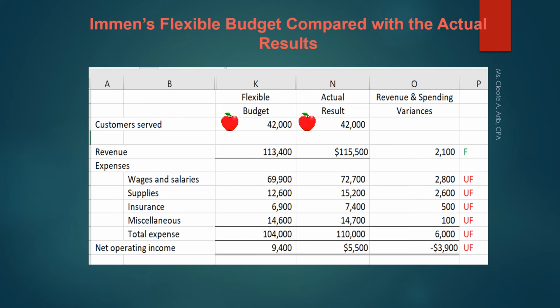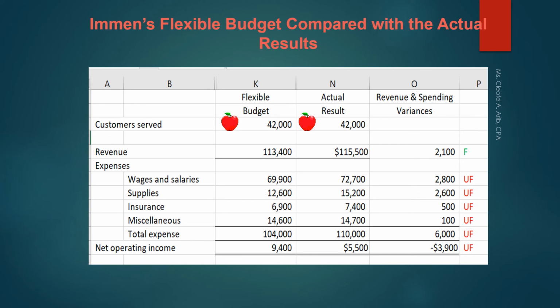But all of your expenses or your spending variances are all in the red. Lahat sila unfavorable. Why is that unfavorable? Because your flexible budget is less than your actual result, or your actual result is higher than your flexible budget.